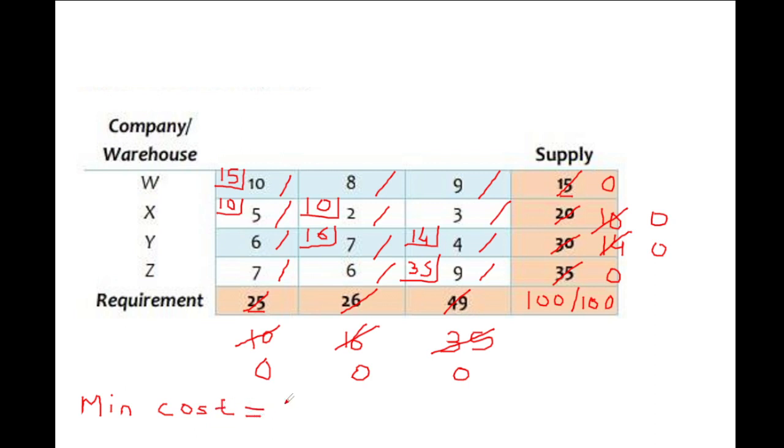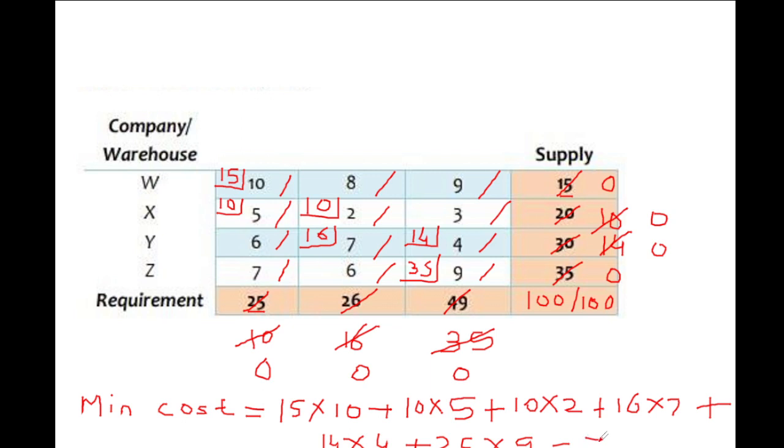Let's calculate. The first value is 15 into 10. How am I getting this 15 into 10? The most northwest corner which I selected, this one, 15 into 10. Then 10 into 5. Mention that, and similarly follow till the 35 into 9 part.